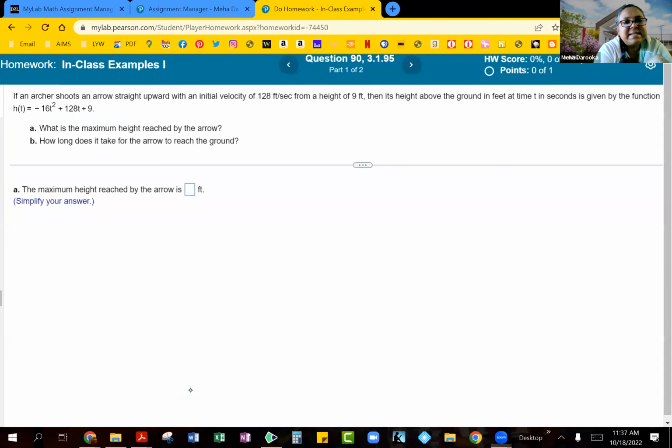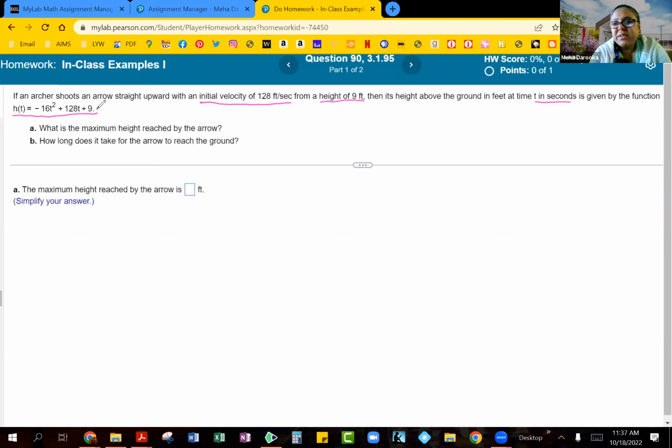So as you can see, this guy has, if an archer shoots an arrow straight upward with an initial velocity of 128 feet per second, the archer is standing at a height of 9 feet, then its height above the ground in feet at time t in seconds is given by the function h of t equals negative 16t squared plus 128t plus 9.